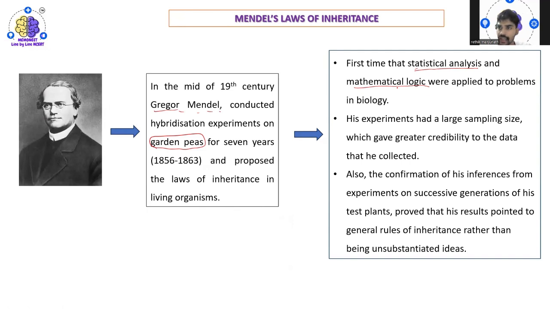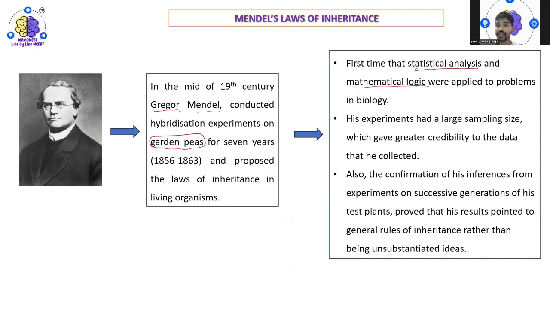Till then, biology was just a theoretical concept, with no mathematics, nothing. For the very first time, Mendel applied statistical analysis and mathematical logic to problems in biology. His experiments had a larger sampling size, which gave greater credibility to the data.